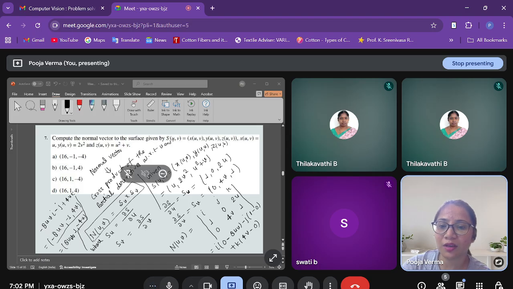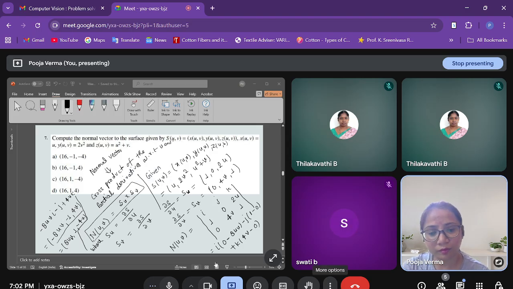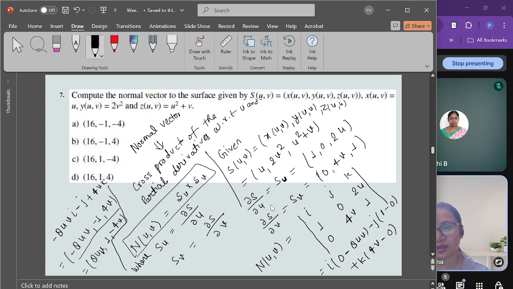So you will get the first two terms positive and the last term negative. If you check that way, you will get option C is the only correct answer for this question without putting in any values.